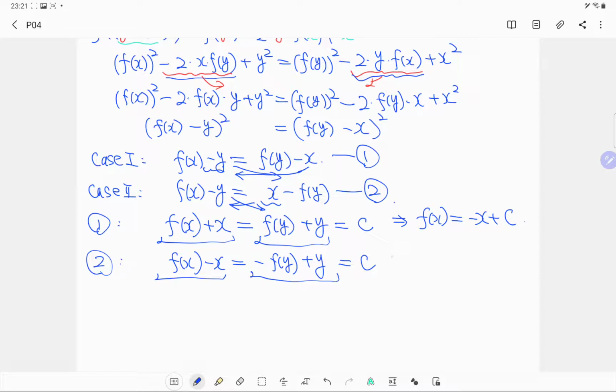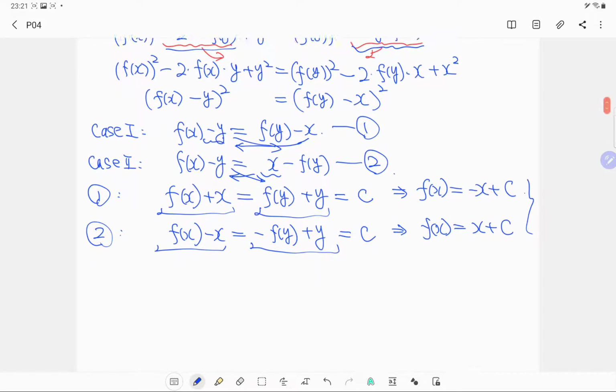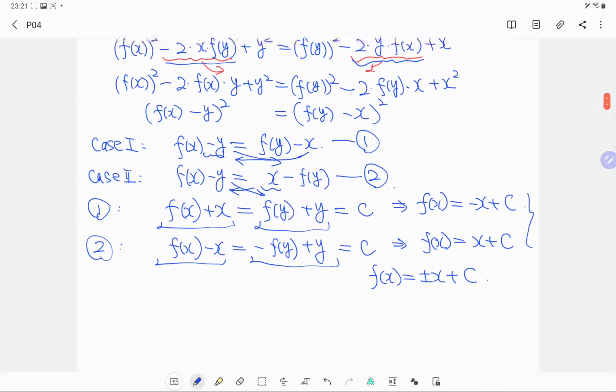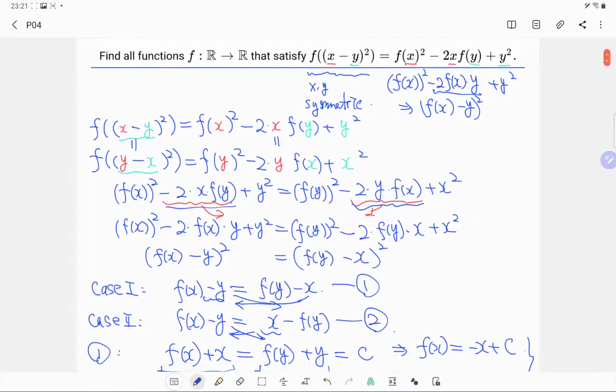In this case, we have f(x) should be x + c. So actually we have two sets of solutions, which means that f(x) should be plus or minus x plus a constant c. So let's double check it.